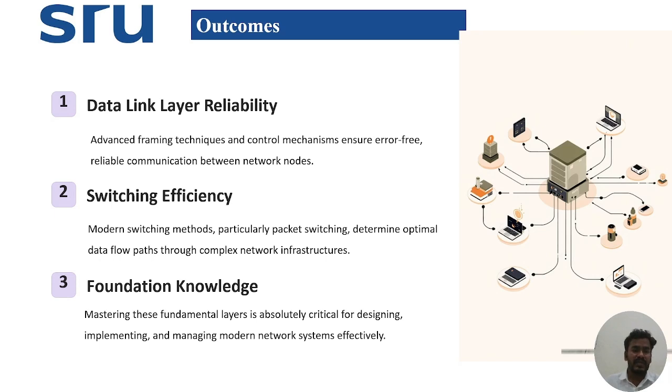And switching efficiency: modern switching methods, particularly packet switching, determine the optimal data flow path through complex network infrastructures. And finally, fundamental knowledge: mastering these fundamental layers is absolutely critical for designing, implementing, and managing modern network systems effectively.